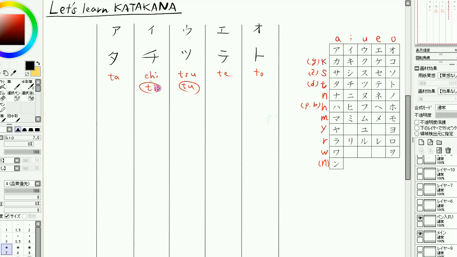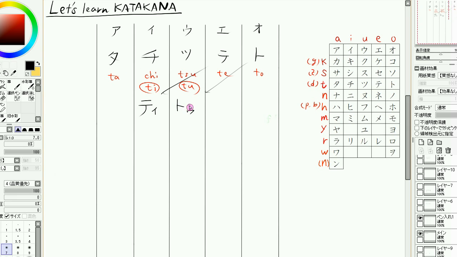Here's how we do that. Ti uses te first. You write te and then a small i, so it will be ti. And for tu, for some reason, bring to here and a small u, of course. So it's tu.